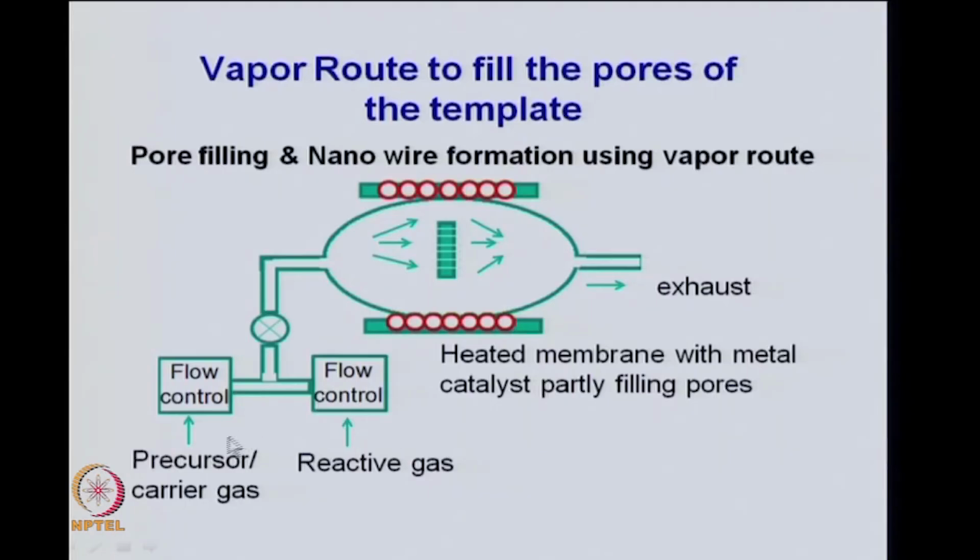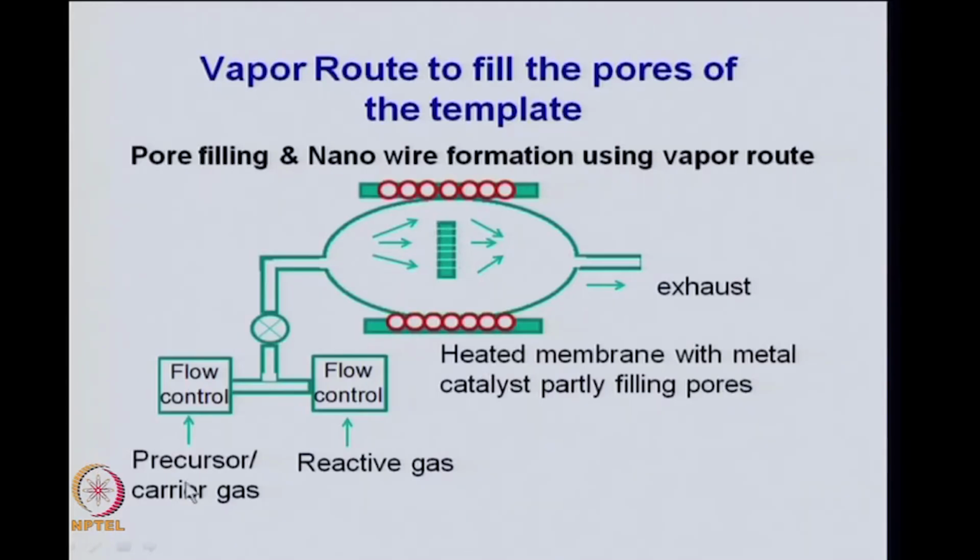So, how do you pass the vapor? If you see here, there is a flow control, that means I can have a controller with a gauge, etc. I can exactly monitor how much gas I can pass from here. Same thing, there is another flow controller here, because I have two types of gases. I have a precursor or a carrier gas, which is normally not the gas which is going to give me the compound which I want.